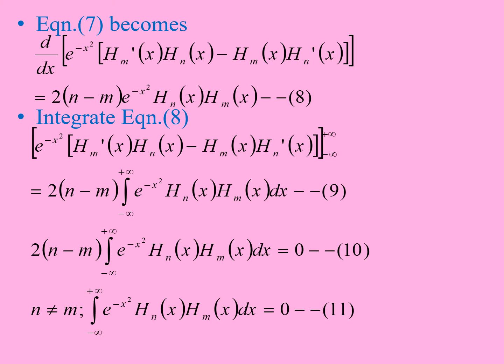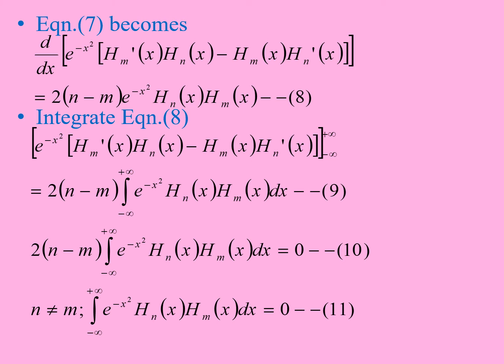Now you substitute the limits, and the left side becomes 0, so we get 2 into n minus m integral from minus infinity to infinity of e power minus x squared Hn of x Hm of x dx equal to 0.